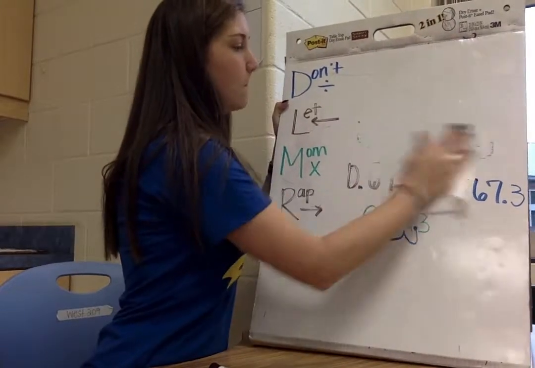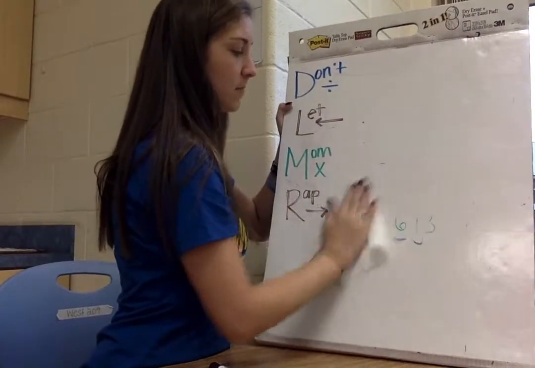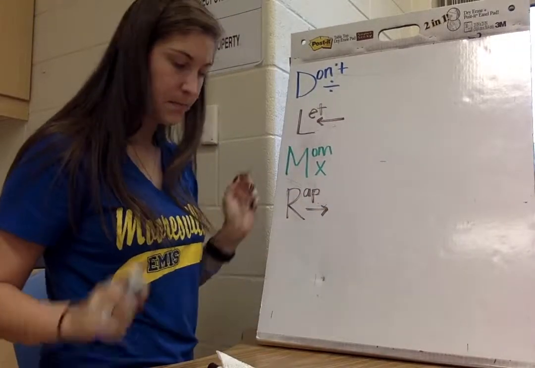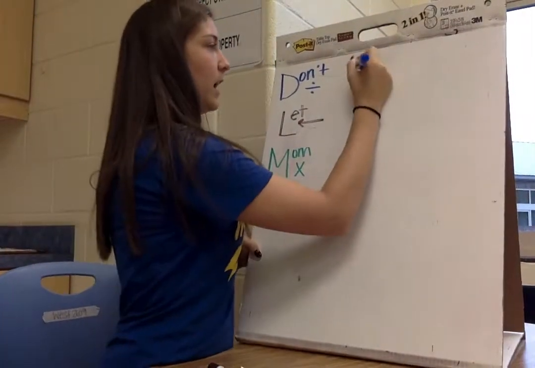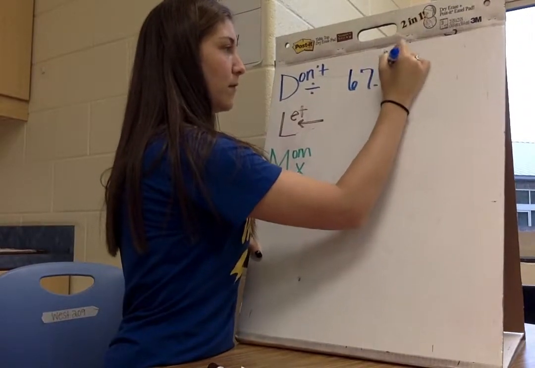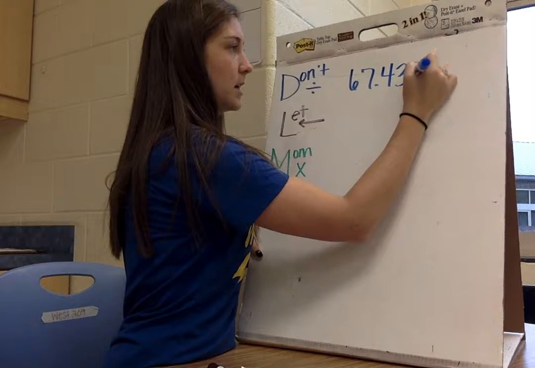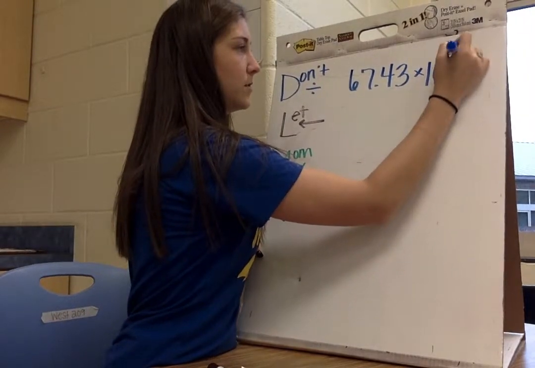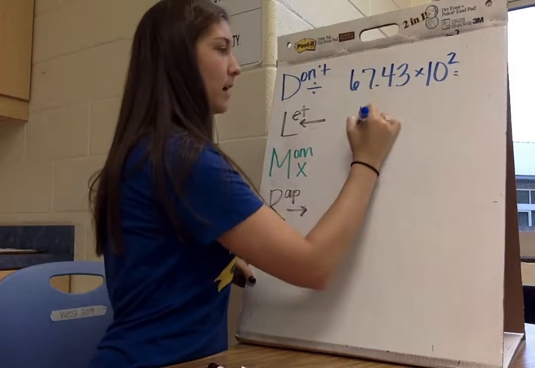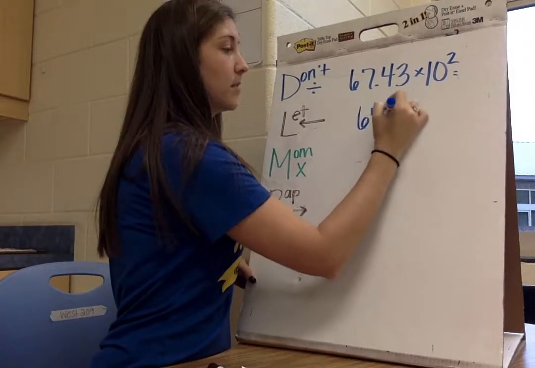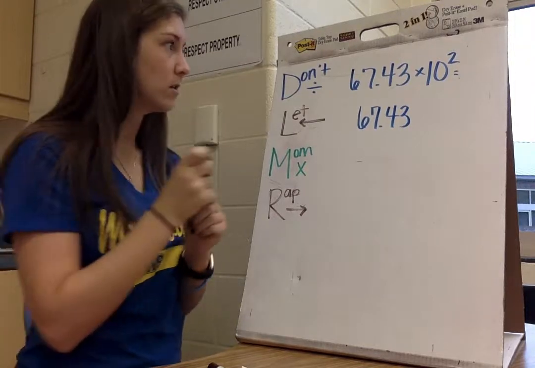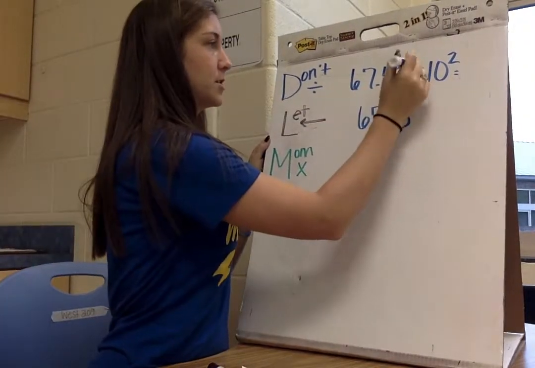So if I have 67.43 times 10 to the second power, I'm going to pull that number down, 67.43, and I'm going to move it, oh, I forgot to change this to division.